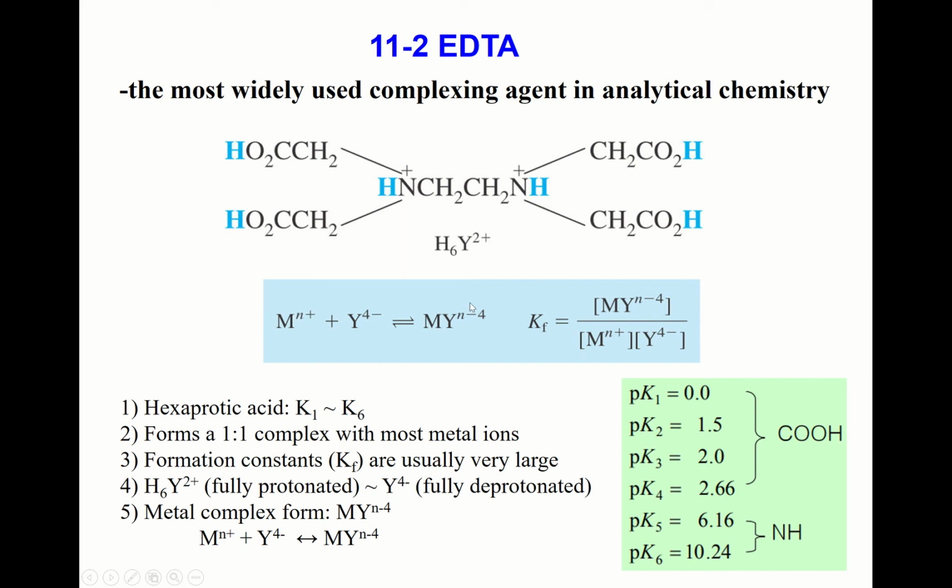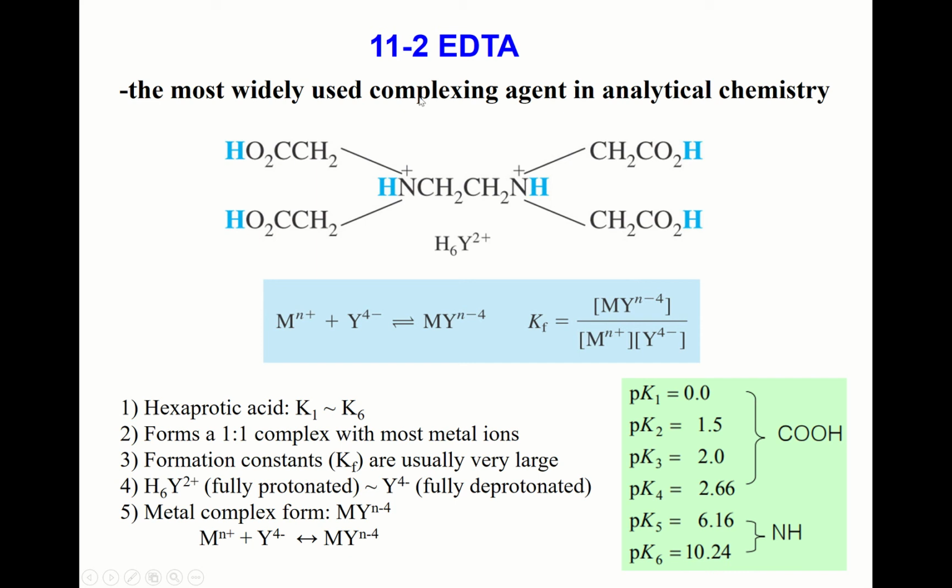This is the actual form when coordinated with metal ions. For this reaction, we write the formation constant Kf. The equilibrium constant in this case is called the formation constant. By definition we can write it this way.